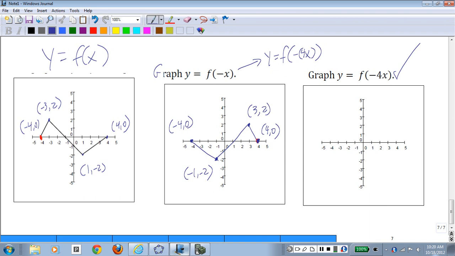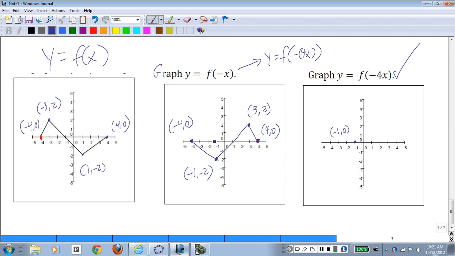So we've got to shrink it horizontally by a factor of 1/4, which means we multiply all the x coordinates by 1/4. So what is 1/4 of negative 4? Negative 1. Y coordinate stays right there. So that point goes to negative 1, 0.